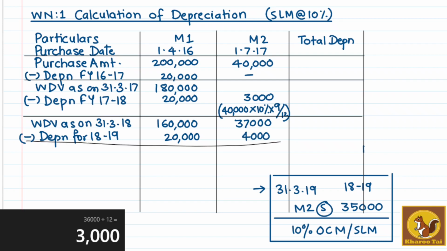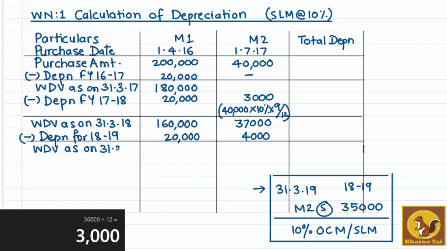So the WDV at the end of third year, that is on 31st March 19, will be 1,40,000 of first machinery and 33,000 for second machinery. Now let's do the totals.